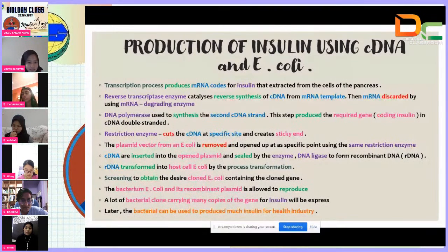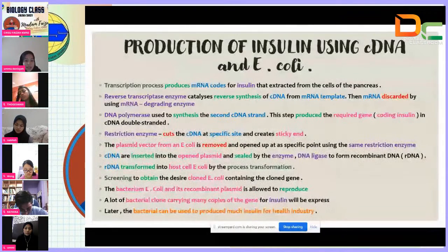Next, restriction enzyme is used to cut the cDNA at a specific site and create sticky ends. The plasmid vector from an E. coli is removed and opened up at a specific point using the same restriction enzyme. Next, the cDNA is inserted into the open plasmid and sealed using DNA ligase to form rDNA.